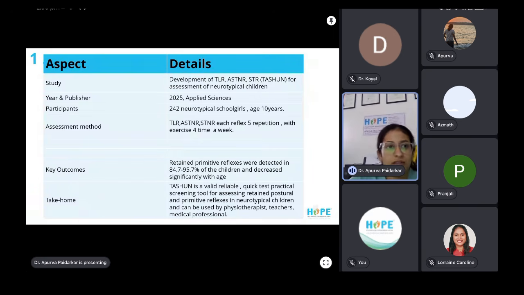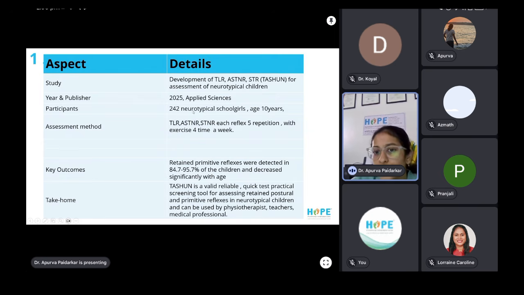Now recent advances. There was a study on the development of the TLR, that is tonic labyrinthine reflex, with the asymmetrical tonic neck reflex and the symmetrical tonic neck reflex, which is also called Tashun, for assessment of neurotypical children. The year of publication is 2025 in Applied Science.